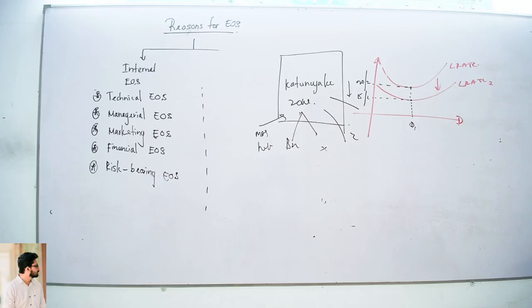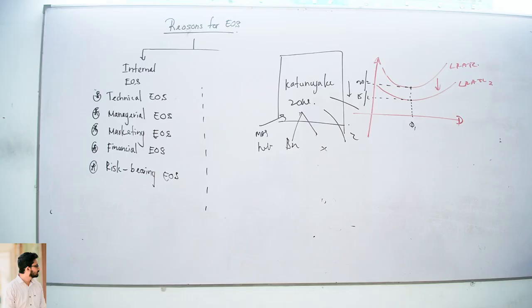Maharagama is very famous for that wholesale textile. So all firms, especially raw materials and machinery, are available in this region, in that area. So every firm in the area can have benefits. Those are called external economies of scale.